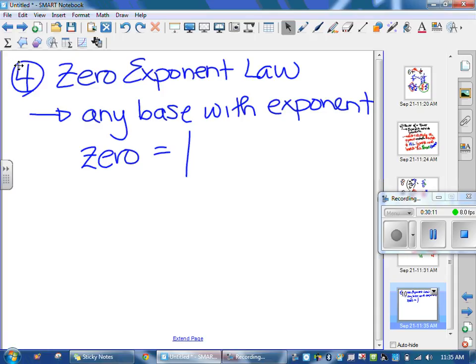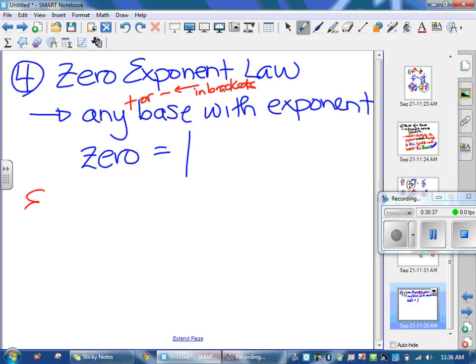Now, the kicker here is any positive base. You can also have a negative base, but not a dangling negative. So any positive or negative base, but the negative has got to be in brackets. If the negative is not in brackets, it's going to be a negative one.